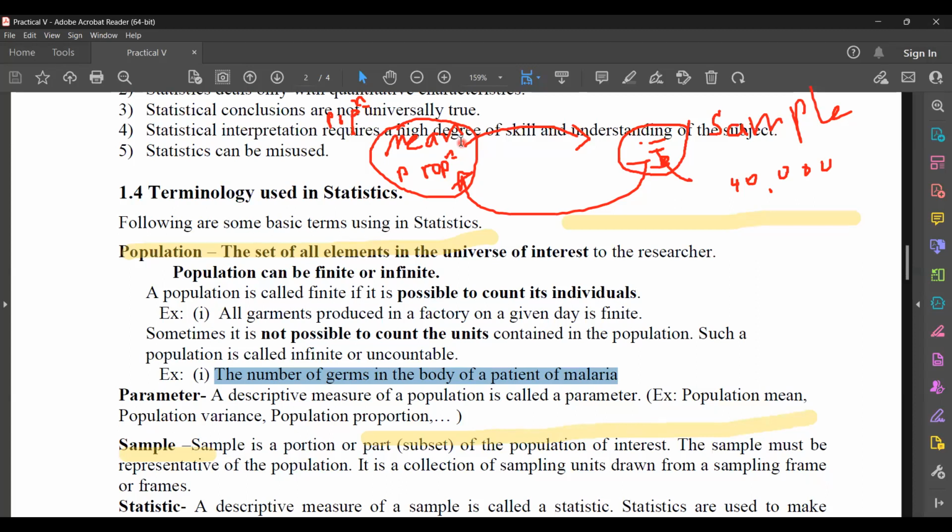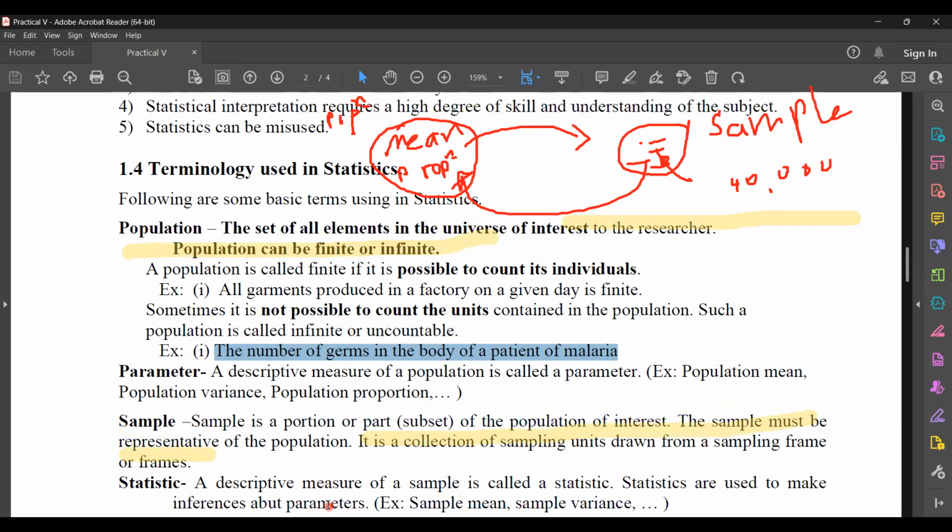And here, what is a sample? A sample is a proportion or subset of the population of interest, right? So a sample is a subset or a part of the population, as I mentioned earlier.